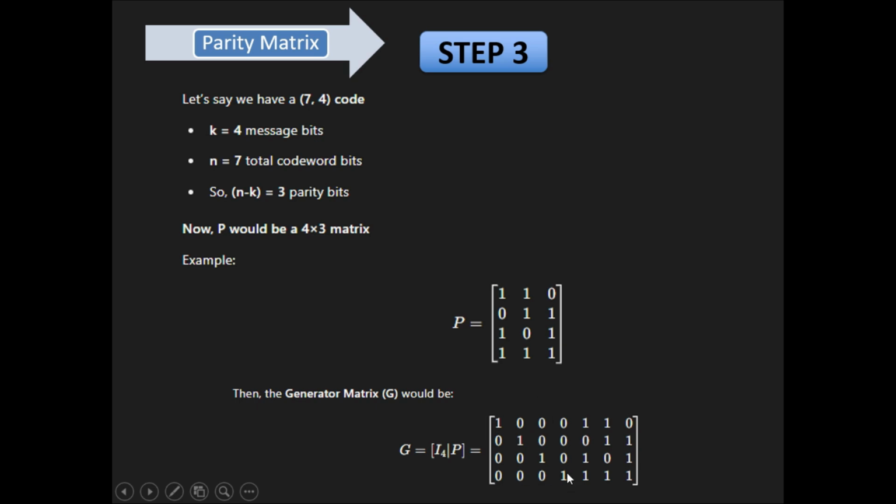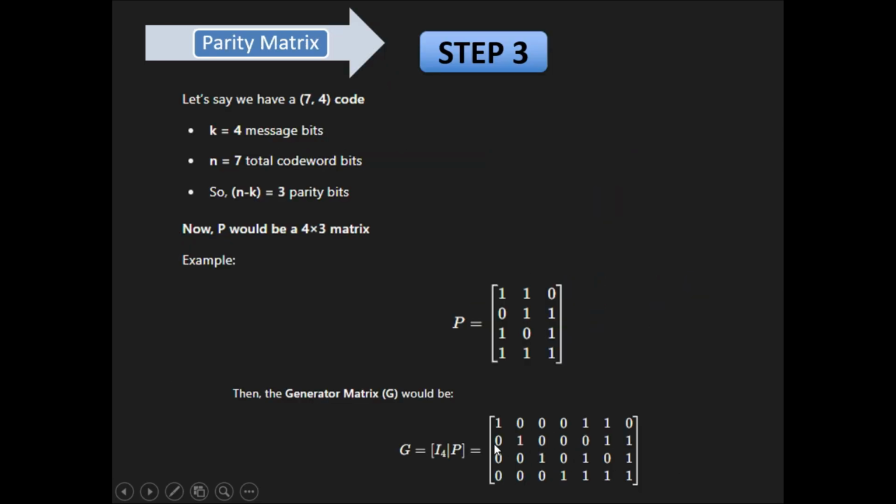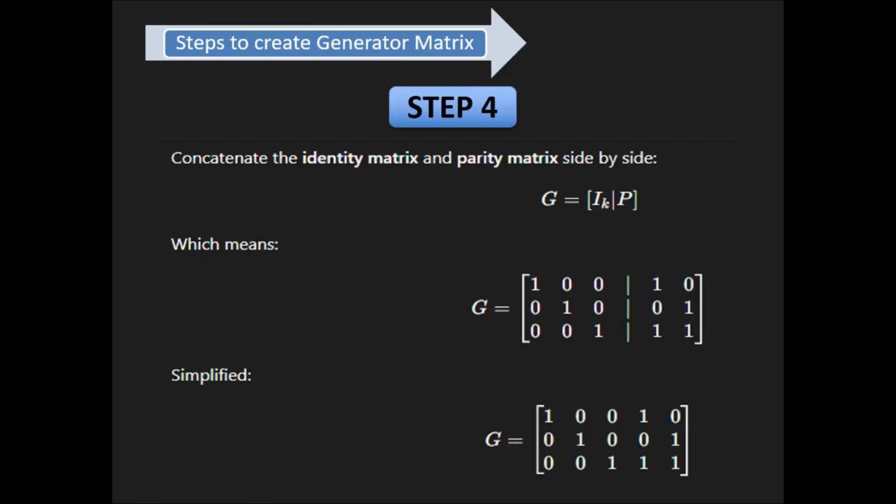These 4 columns are for the data bits or the message bits, and these 4 rows. That means this 4 cross 4 is creating an identity matrix, and this 4 cross 3 is creating the parity bits. So these two things we just have to write down side by side, then you can easily create the generator matrix.